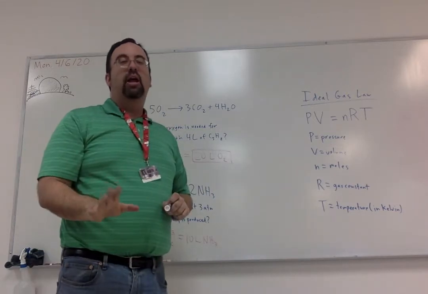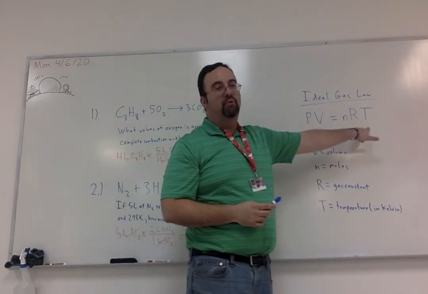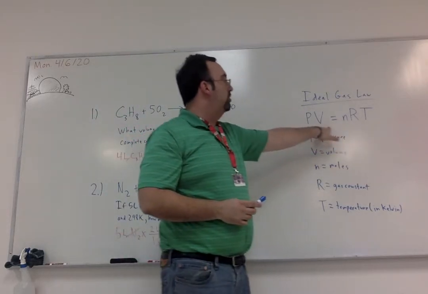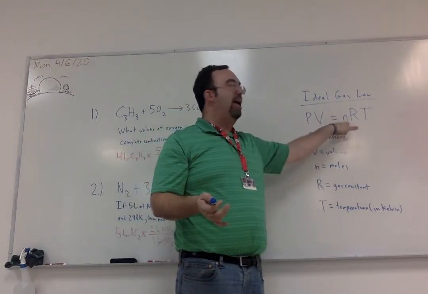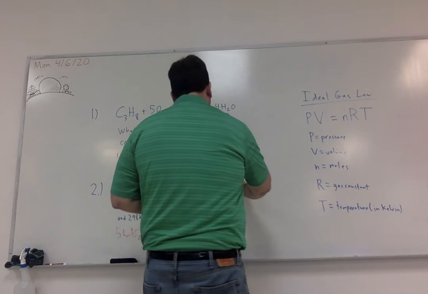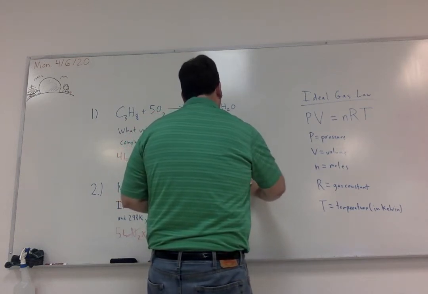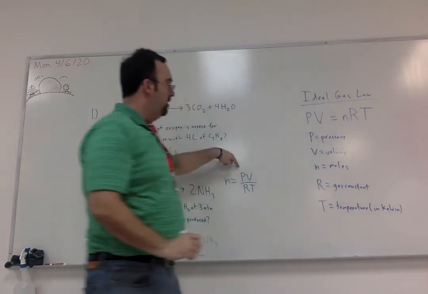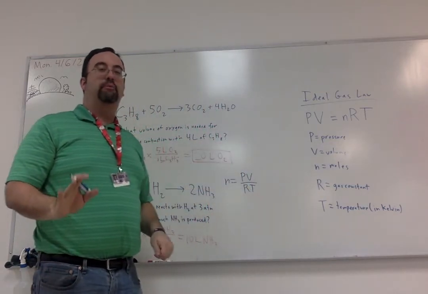Just like before, in order to make things simpler on myself, I'm going to move the R and the T over to the other side by dividing each side by that, so that I can set up N by itself. So I know that N is going to be equal to PV over RT. So P times V divided by R times T. That will set this up.